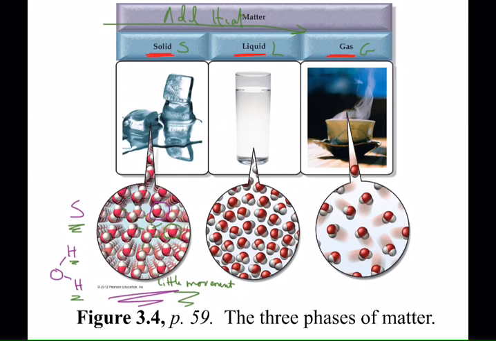So over here now, the next one, we have water in its liquid state. Hopefully if you compare these two, you can see that the water in its liquid state is more disorganized, and it is floating around. There's actually more space between them. It's less ordered and there's more space.